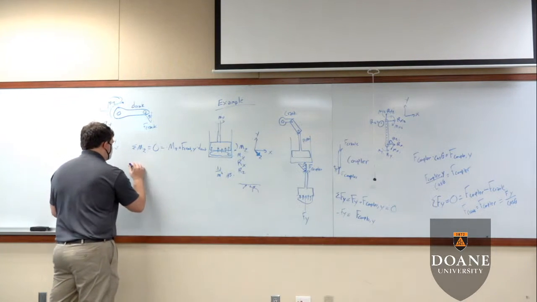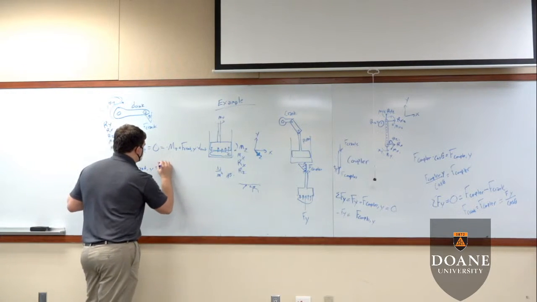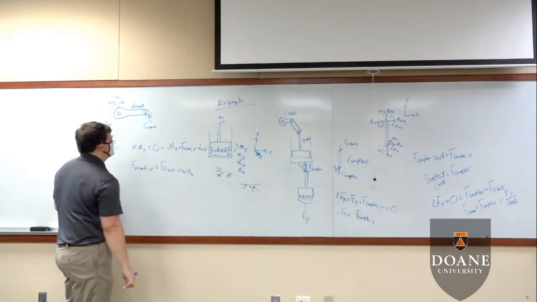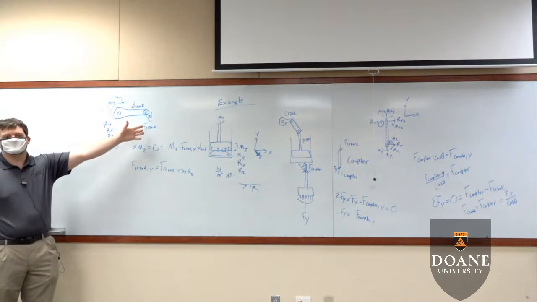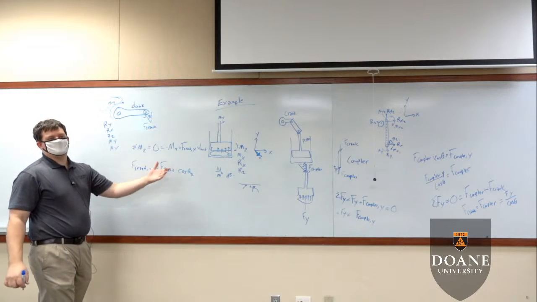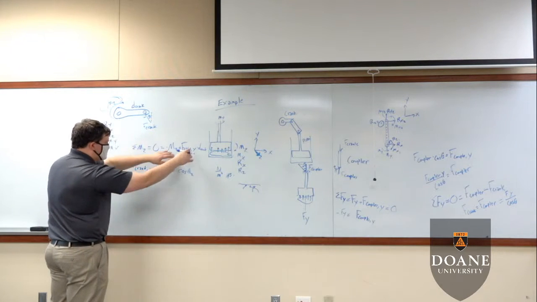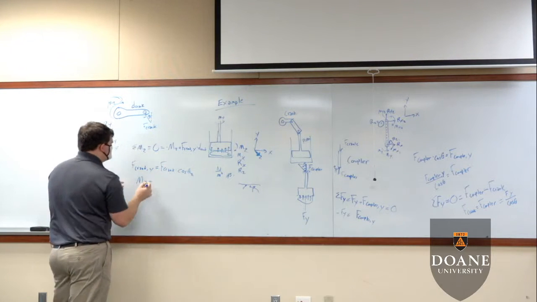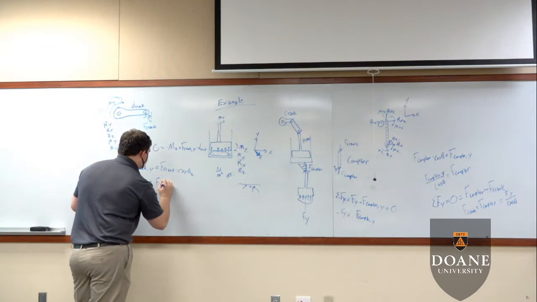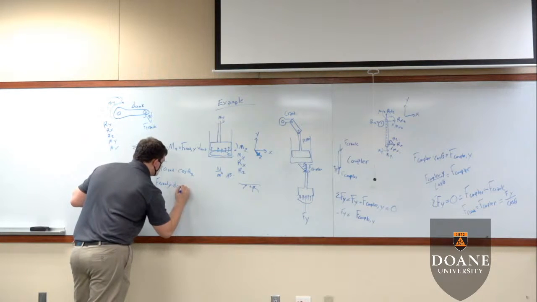F crank Y, by trigonometry, is equal to F crank times cosine of theta 2. That's just by the way I oriented theta 2. If you took theta 2 right here, this would be a sine instead of a cosine. Okay, so I can plug this in, solve for MZ, and my MZ, which is the output of the system, is equal to F crank Y times D crank.